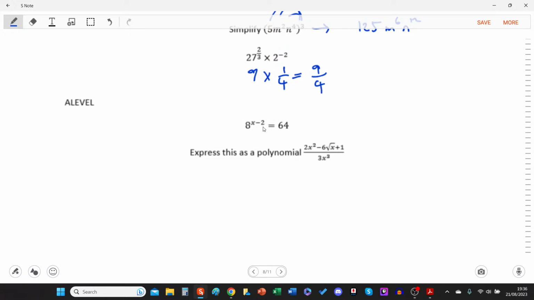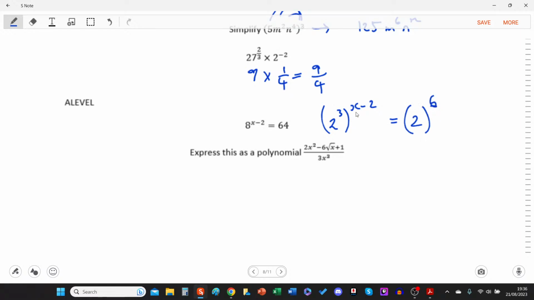We're looking to see what we have in common here so that we might rearrange it. And some of you might think logs, and yeah, that's fair to say, but you can do this without logs. There's a bit of knowledge on how to equate the two sides. So we can say that this was 2 cubed, x minus 2, and 64 is 2 to the 6, I believe.